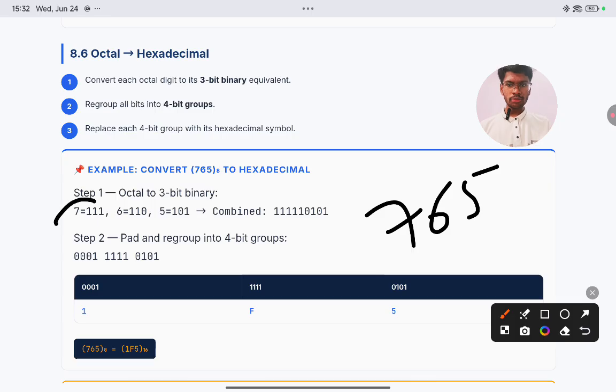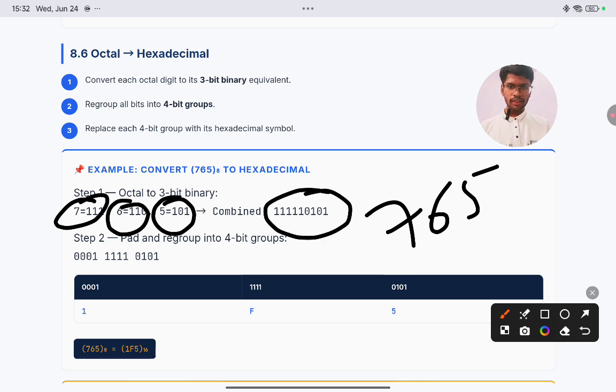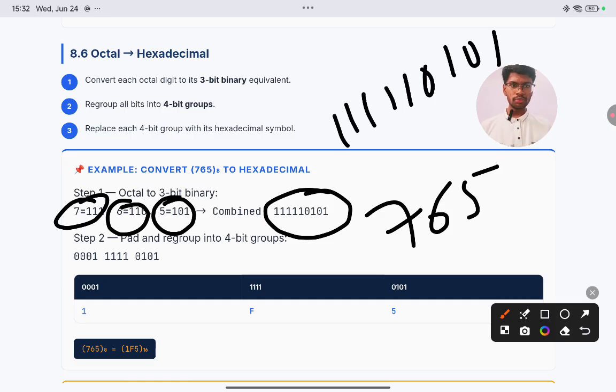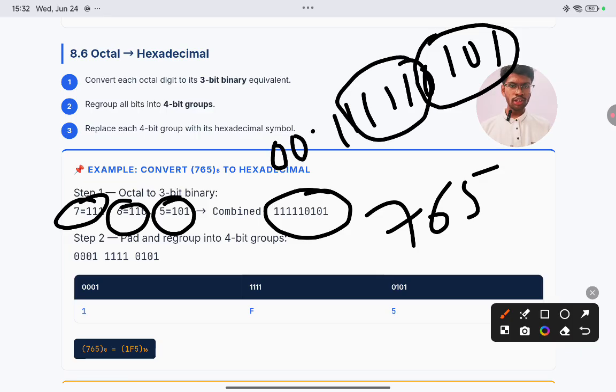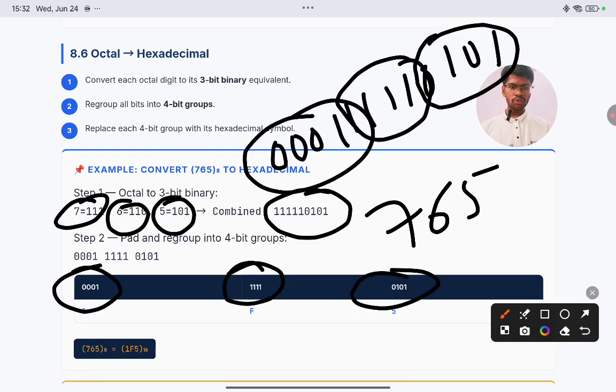You write 765 in terms of its binary equivalent, 3 bits each: 111 for 7, 110 for 6, 101. Then regroup into 4 bits as we are converting to hexadecimal. So 0101 is one part, 1111 is one part, and 1 is remaining, so add 3 leading zeros to write 0001, 1111 and 0101.